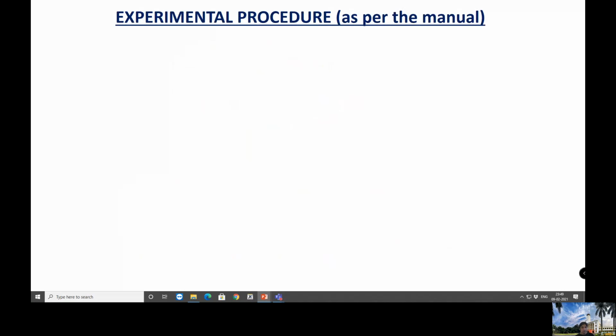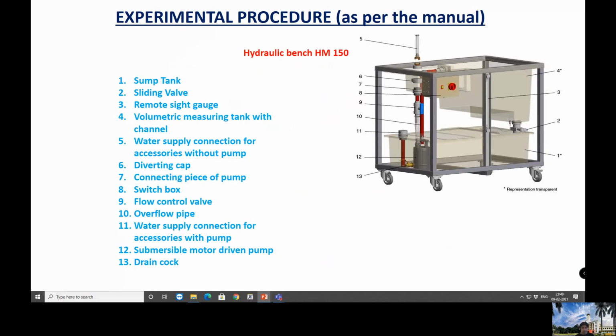Now, the experimental procedure. You see, this is the hydraulic bench in which we will be working. This is HM150, and there are several components, such as the tank, sliding valve, and the gauge. This hydraulic bench has more or less the same setup as you have been seeing in the experiments till now.